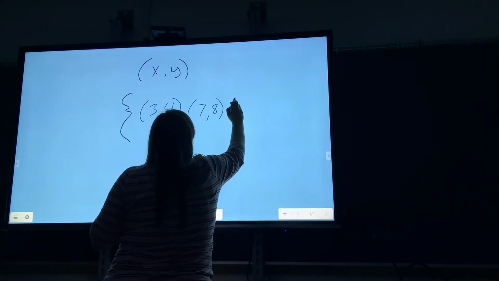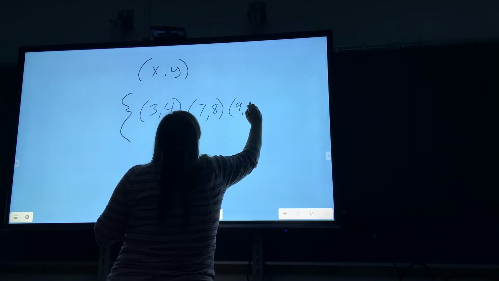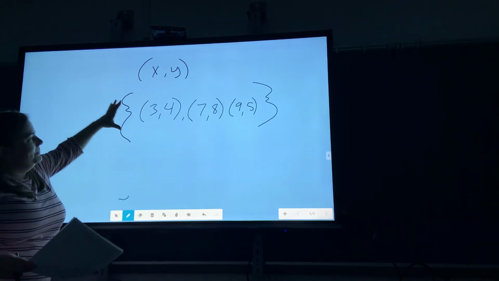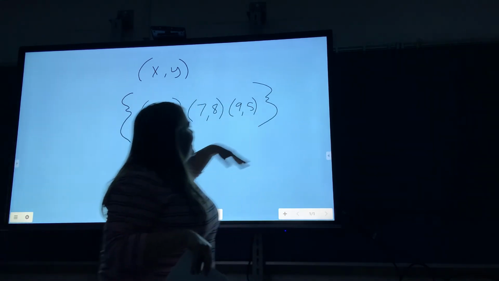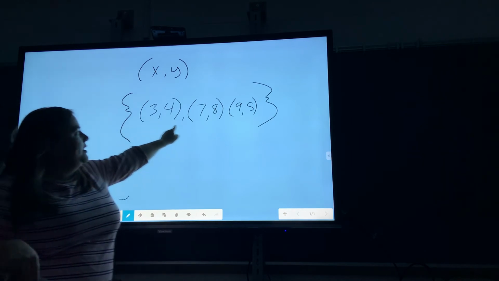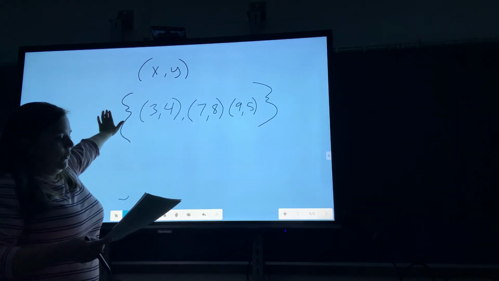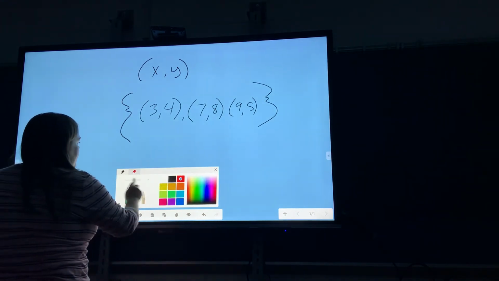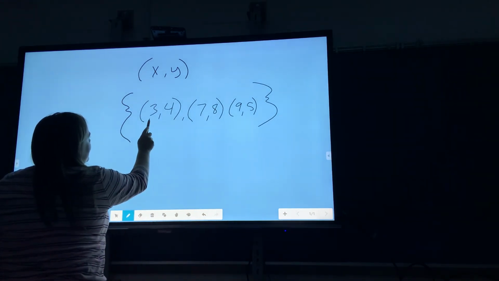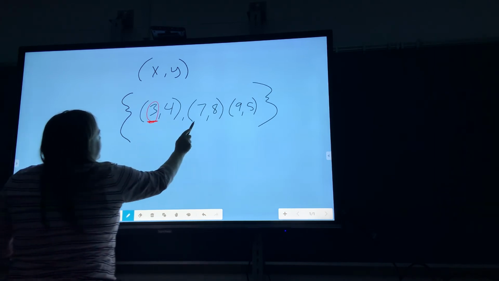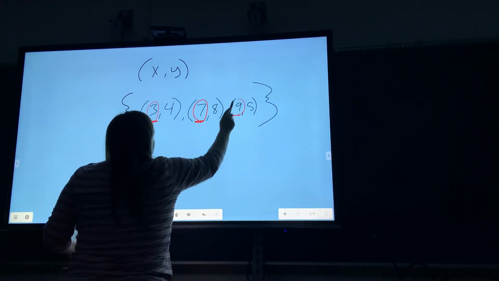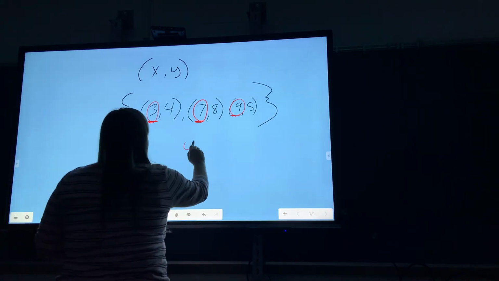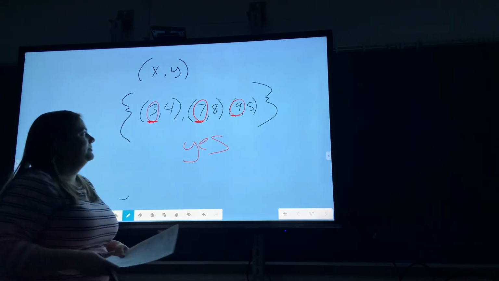These little squiggly brackets are just saying that these coordinates are in a relation. So again, I am just looking at my x values. They're all I care about. I have a 3, I have a 7, and I have a 9. Nothing repeats, so yes, this is a function.